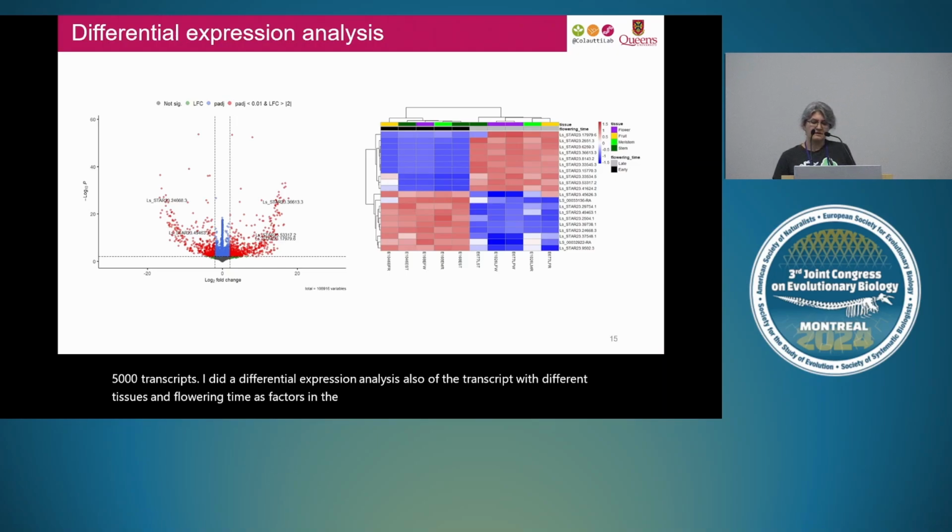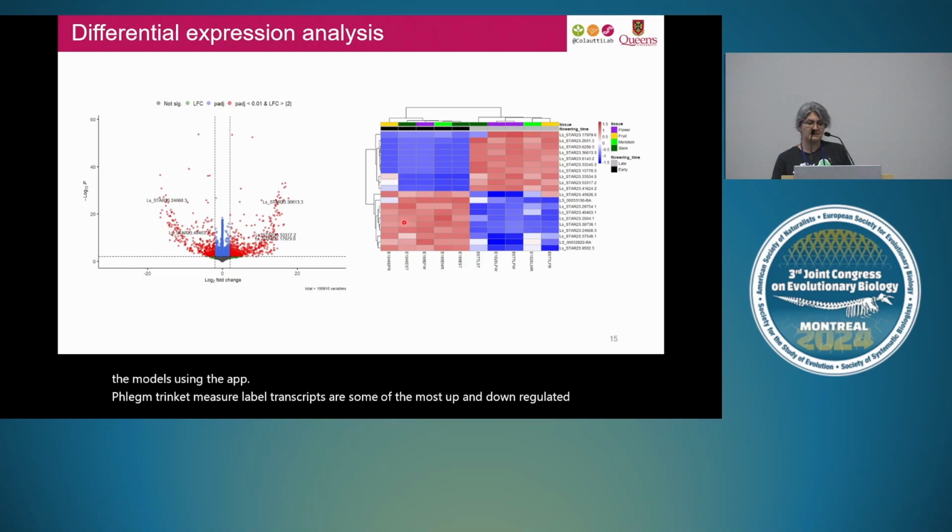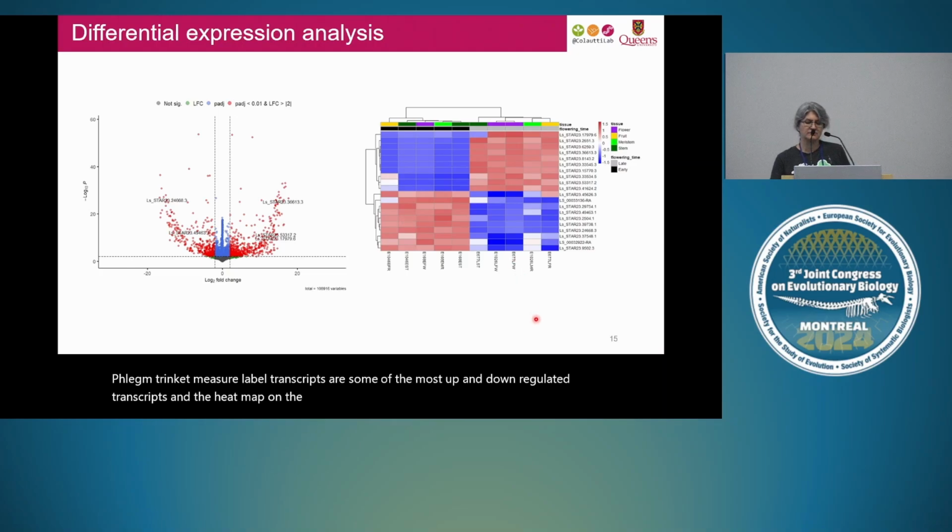On the left here is a volcano plot of one of the DESeq models using the Upflame Trinket method. Labeled transcripts are some of the most up and down regulated transcripts, and the heat map on the right shows the 20 most differentially expressed transcripts, clustered by flowering time rather than tissue.